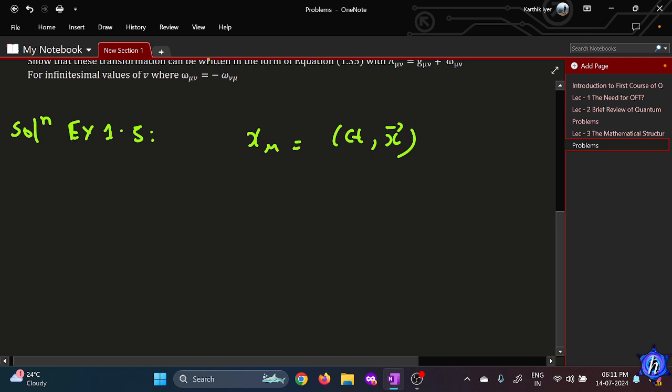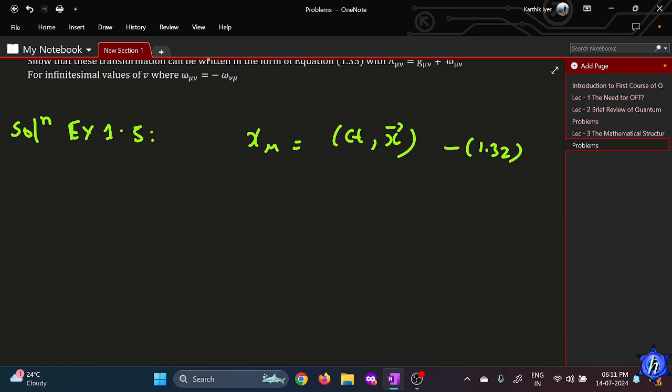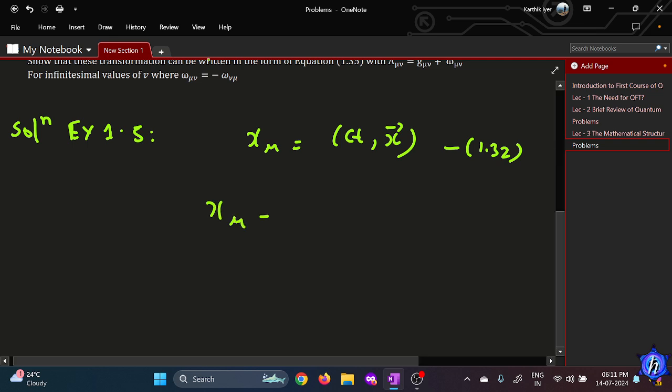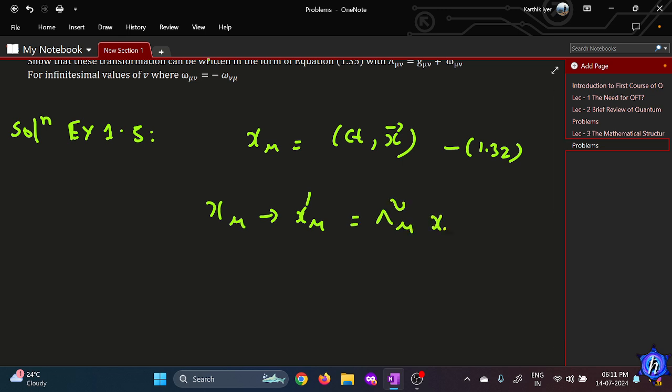This is equation 1.32. We are to show that the Lorentz transformation rule for x mu is given by x dash mu. So we will start with the definition.